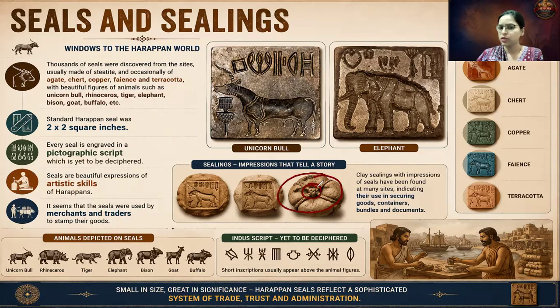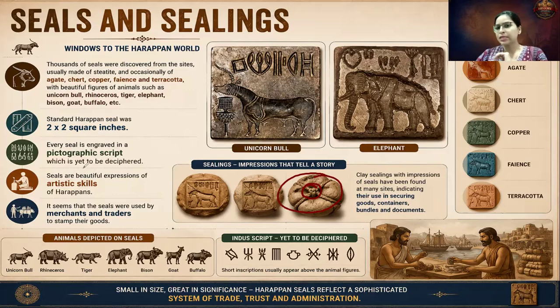So clay was put on this, and on that clay the impression of the seal was marked, and then it was sent. So if the seal was tampered with, it means that the product was disturbed. And if the seal was as it is, it means that the product was untouched, it was intact. So in this manner the seals were used.